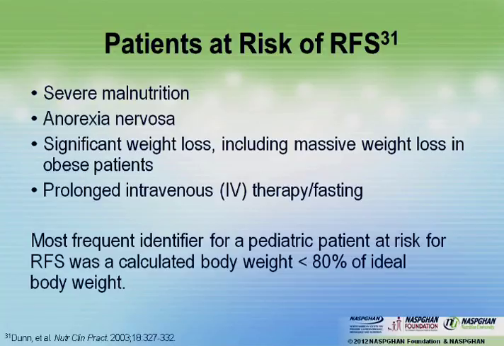And the other is if you do have kids who have spent 7 to 10 days in the hospital on just IV feeding, and somebody has suddenly decided to give them parenteral nutrition. One other study suggested that in a child, if your calculated body weight was less than 80% of ideal body weight, that was a risk factor for significant refeeding syndrome.